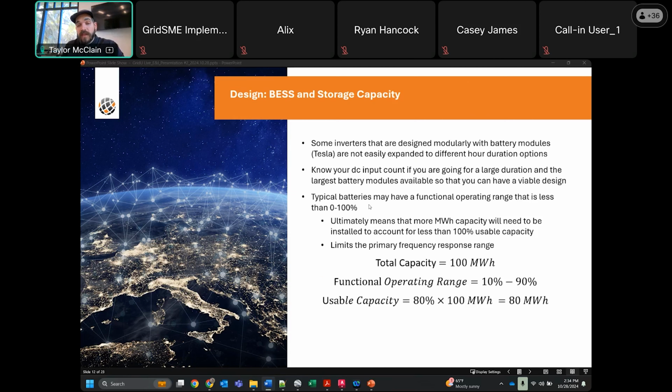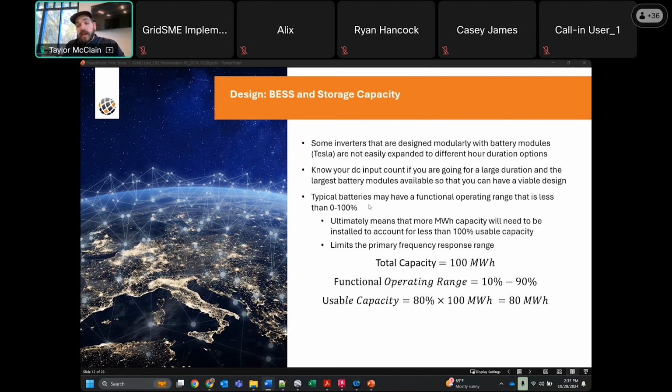If the inverters and the batteries don't have the operation range baked into that 0 to 100%, then it is very likely that it's not going to be 0 to 100% and that you're going to have a smaller usable range. So it is becoming more and more pertinent to think about how much of an overbuild of your megawatt hour capacity you're going to need to support the megawatt hours that you're going to claim to be using.